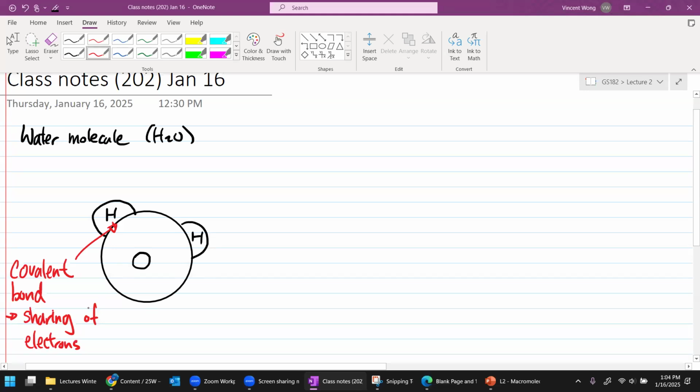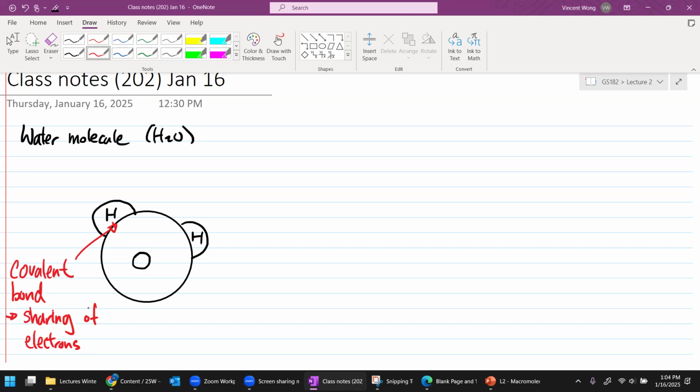And if you remember, covalent bond involves sharing of electrons. Now, the word sharing is interesting. When you say you share something, you would expect like 50-50, right? But that's not the case for my kids. If I buy them a toy and I say, share, usually one of them would hog it, and they get to play with it more than the others.